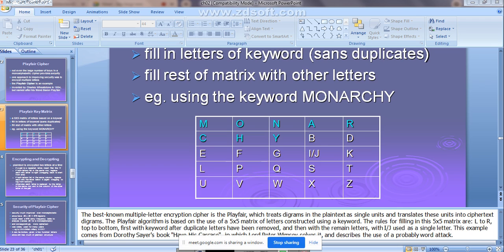In Playfair you always group the letters, and each group consists of two letters. That means at a time you encrypt two letters of the plain text.